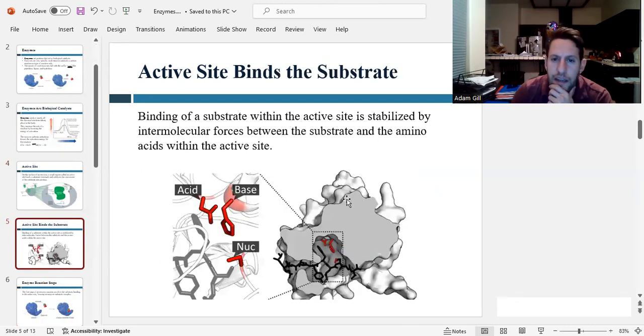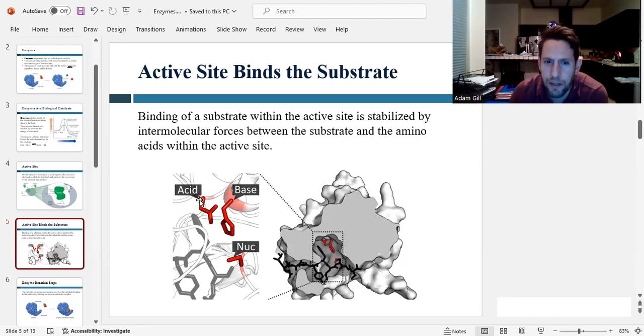Now, here's an actual 3D image of a particular enzyme. You don't need to worry about the specifics, but I liked this image because it's really specific. And so you can see this substrate molecule here in black, and the enzyme is this space filling model that's been sliced away, kind of like a CT scan. And you're getting a glimpse into the active site here.